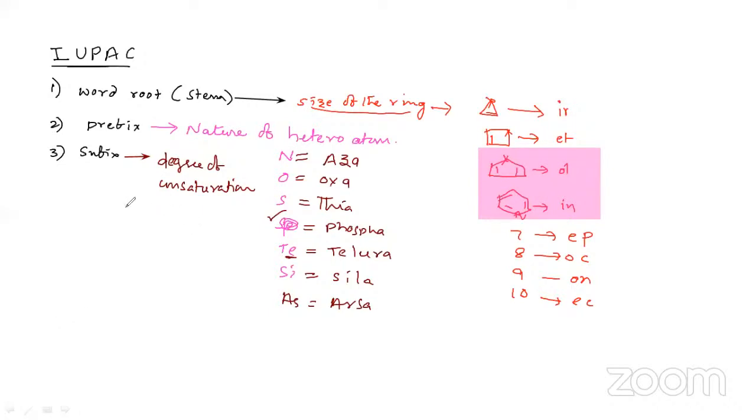For example, I can show this is a 5-membered nitrogen containing heterocyclic system. This one is a nitrogen containing heterocyclic system with 2 double bonds. So this is an example for a saturated system, and this one is an unsaturated system. This unsaturation and saturation can be described by the suffix.